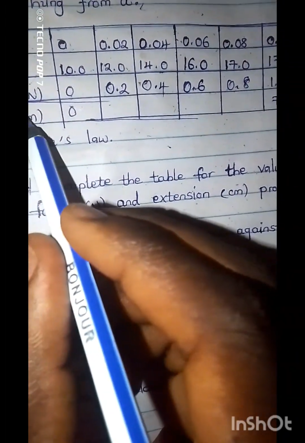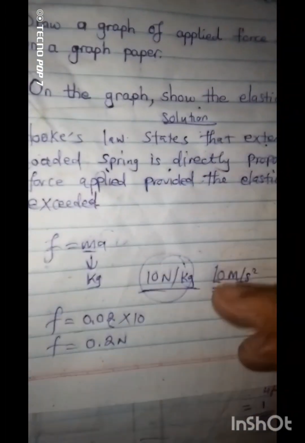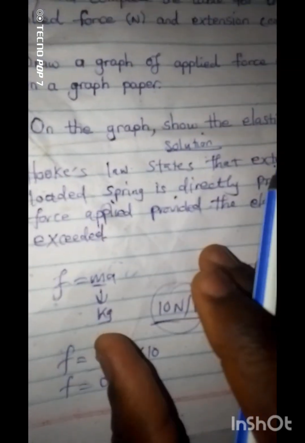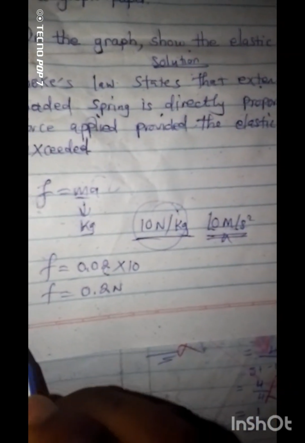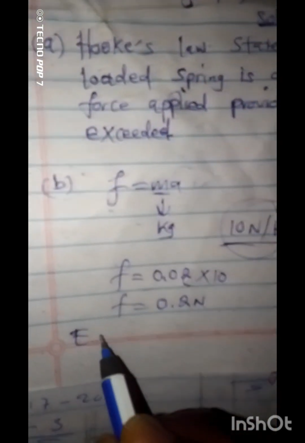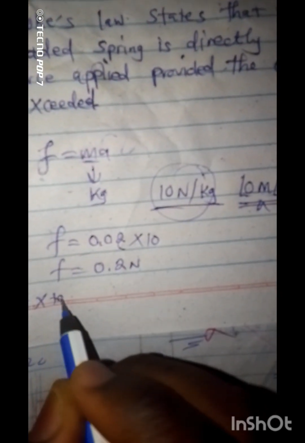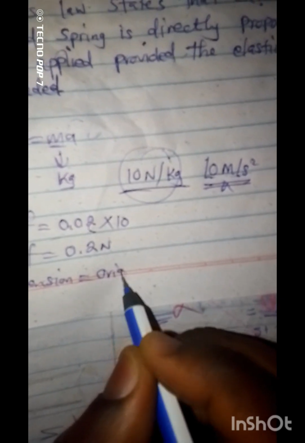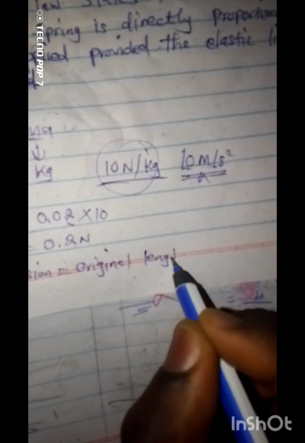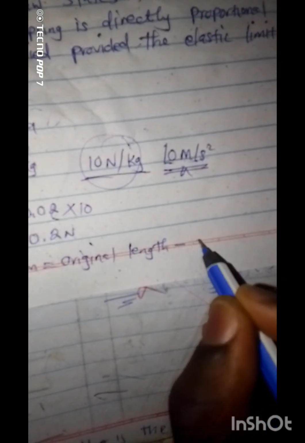Now on extension, for us to find extension, we use this formula. Extension is equal to original length minus recorded length.